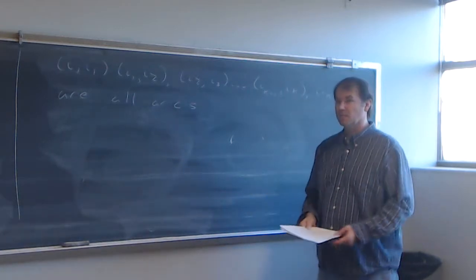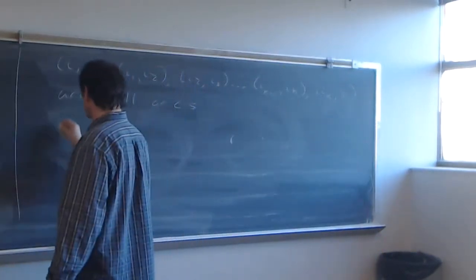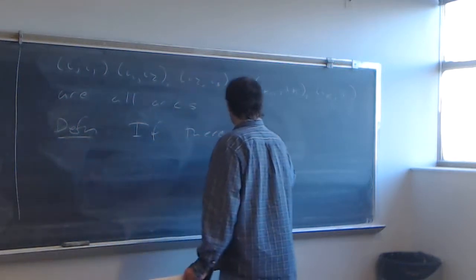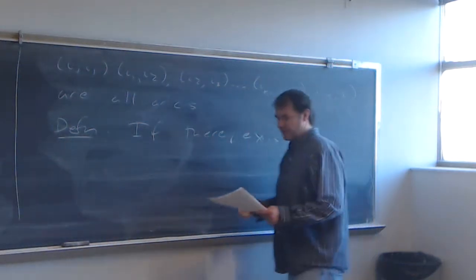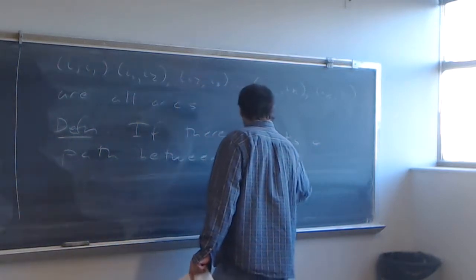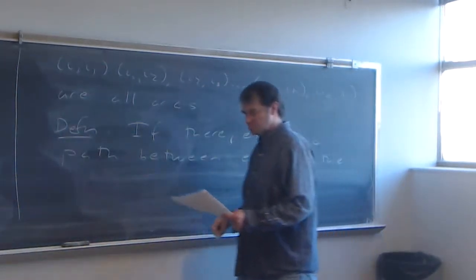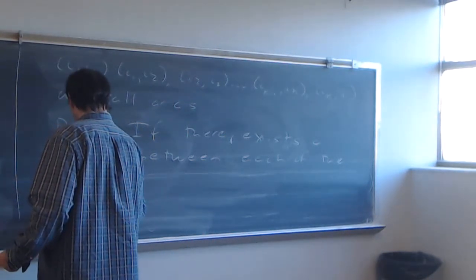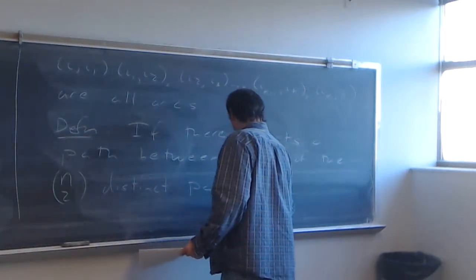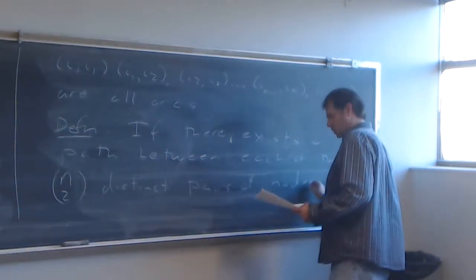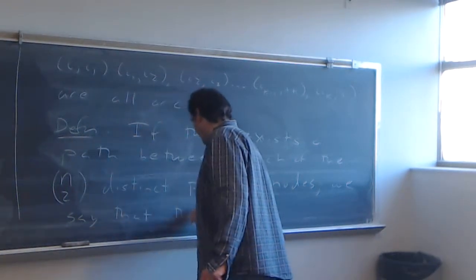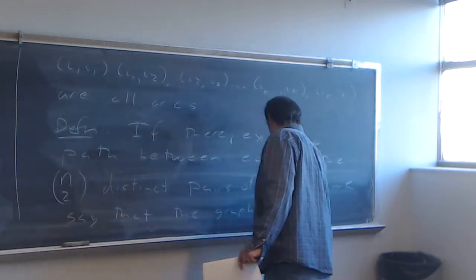Okay. So here's what it means to be connected. Definition. If there exists a path between each of the n choose 2 distinct pairs of nodes, we say that the graph is connected.